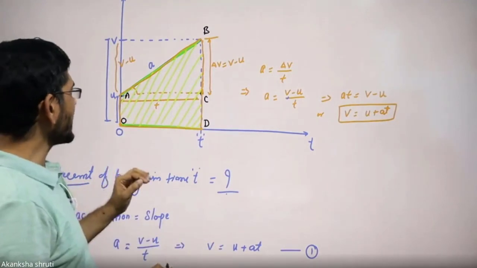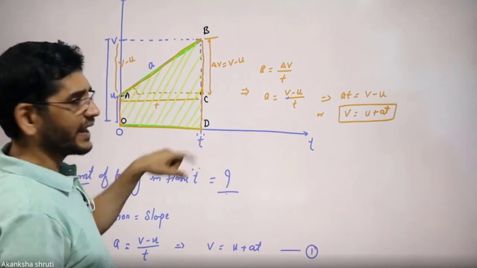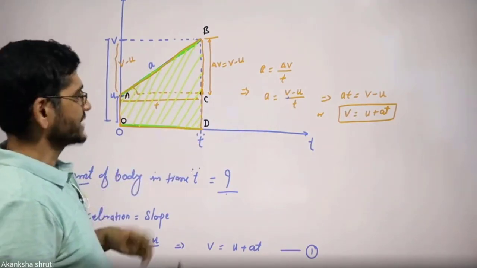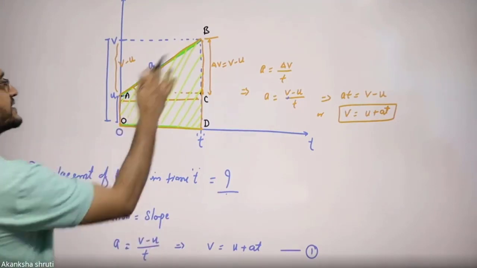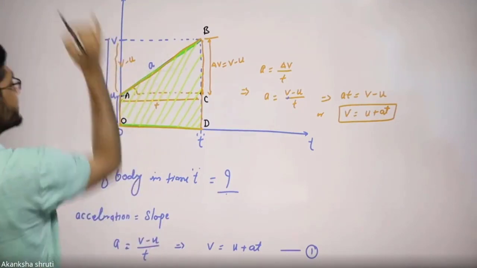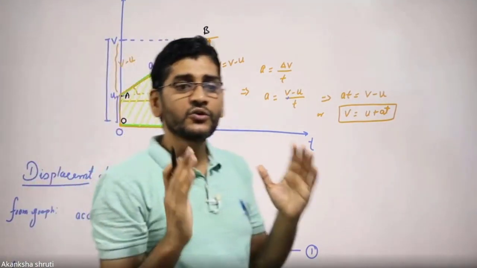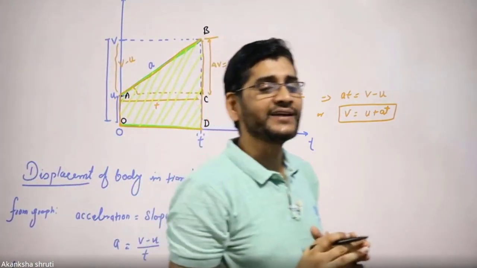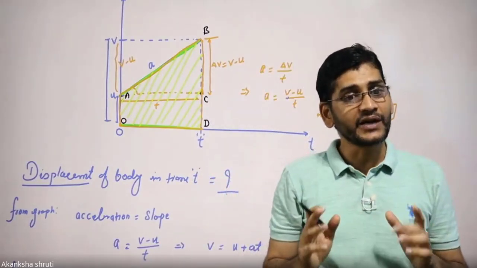This area has to be calculated in terms of U, A, and T. That way, by substitution, we will get it. But for calculating this entire area, the area of any unknown figure or unknown shape can be calculated by dividing the given figure into areas of known figures.